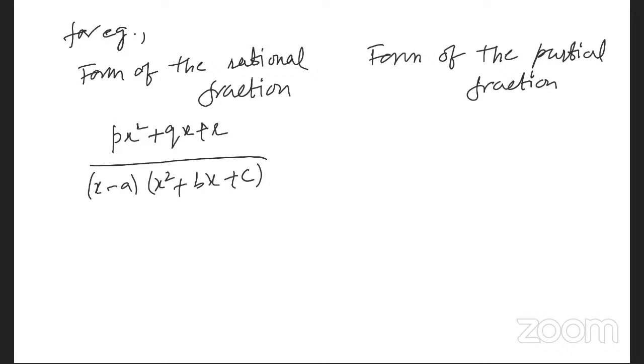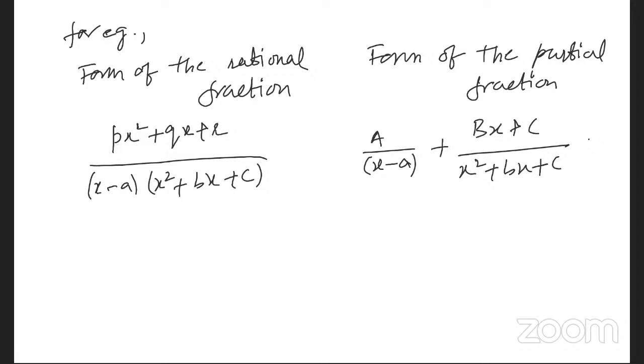So the form will be A/(x − a) plus (Bx + C)/(x² + bx + c). So this is for the non-repeated, irreducible quadratic factors.